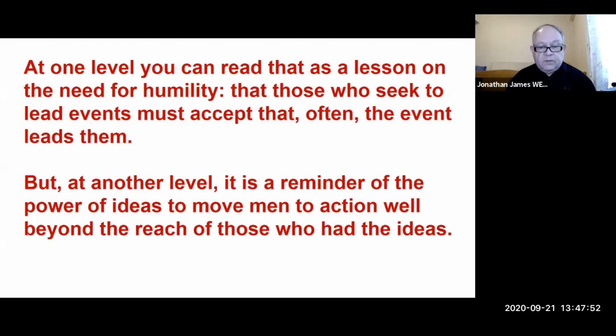But at another level, it is a reminder of the power of ideas to move men to action well beyond the reach of those who had the ideas. Right, now we have two ideas here. At one level, this. At another level, this.